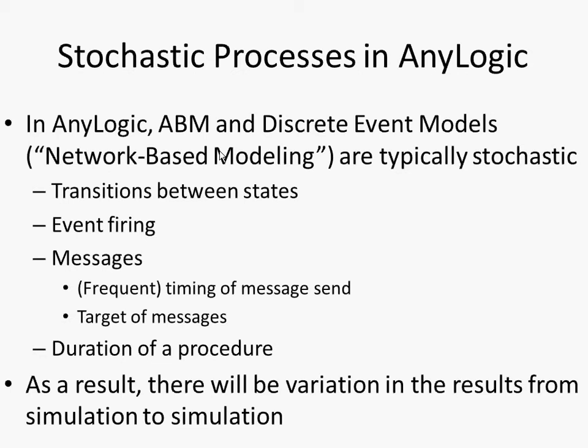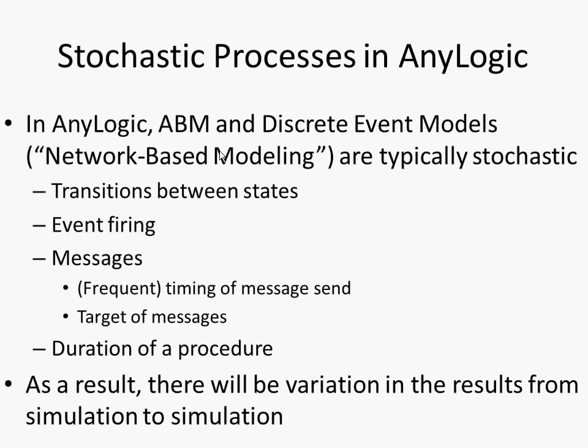And AnyLogic supports this. It also supports implementing what's called a fixed random number seed, which means you run it twice and get exactly the same results. In other words, use precisely the same sequence of rolls of the dice each time you run it. But in general, by default, it's set to be a varying random number seed. So you run it 2, 3, 4 times, and you'll probably get a very similar trend out.